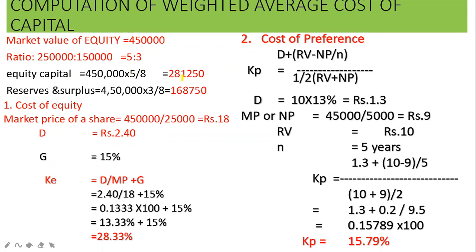You will get a figure of 2,81,250 as the market value of equity capital. What is the market value of reserves and surplus? 4,50,000 into 3 by 8, which is 1,68,750. In this way, I have calculated the market value of the equity and reserves and surplus.